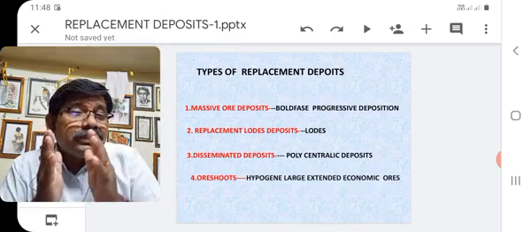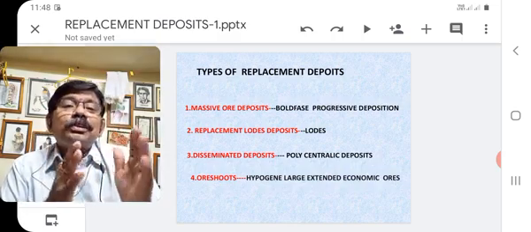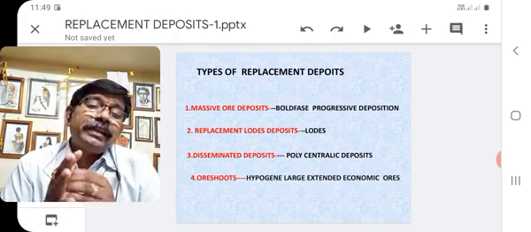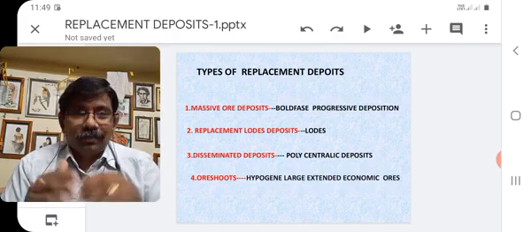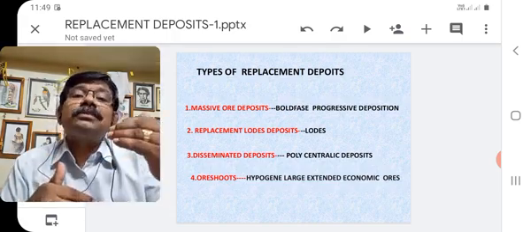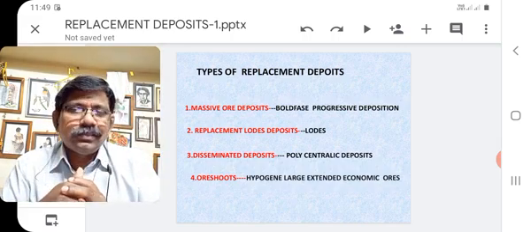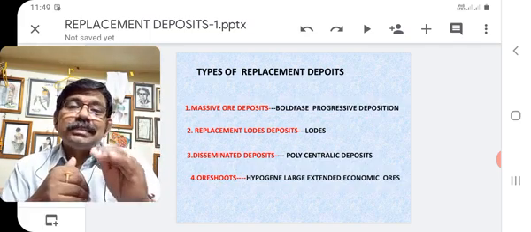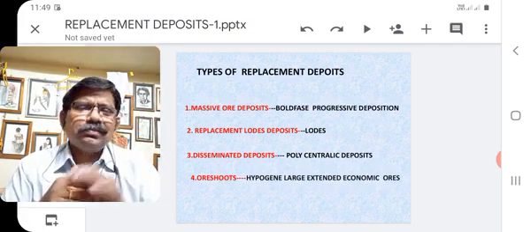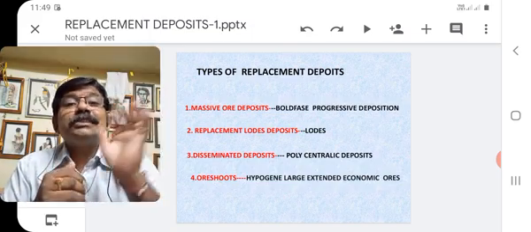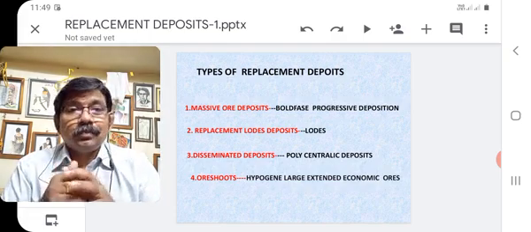This formation method of massive ore deposition is known as the bold phase progressive advanced method. It is a little difficult to recognize or remember this long word at a time. In simple words, it's a bold face progressive deposition.